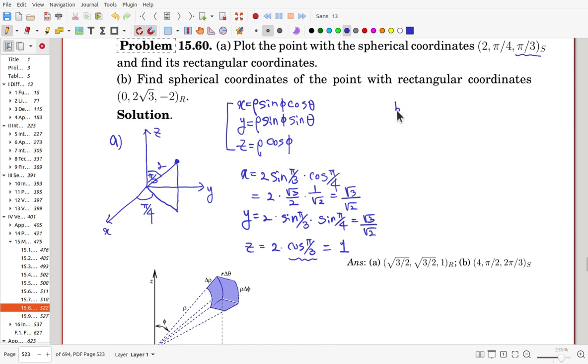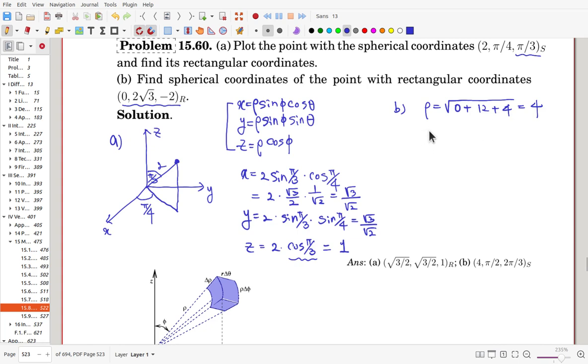Now let's go to part B. Find the spherical coordinates of the point with given rectangular coordinates. Once the point is given in rectangular coordinates, then we can find the spherical coordinates. Rho is the square root of x squared plus y squared plus z squared. So that's 0 plus 12 plus 4, so rho is 4. Right?